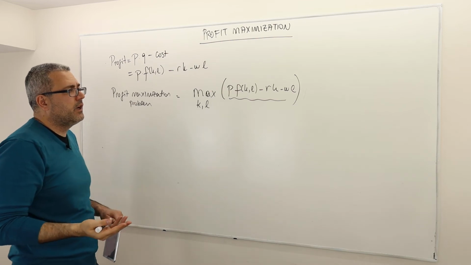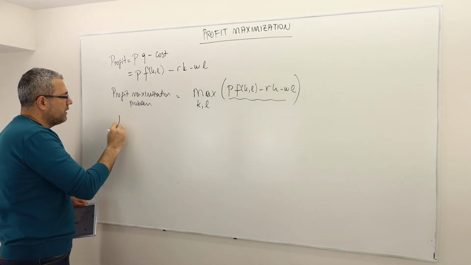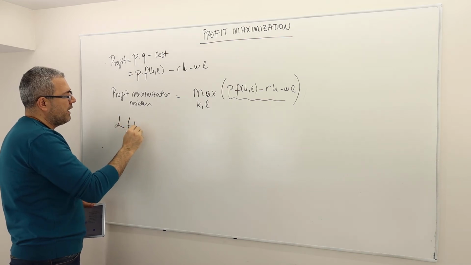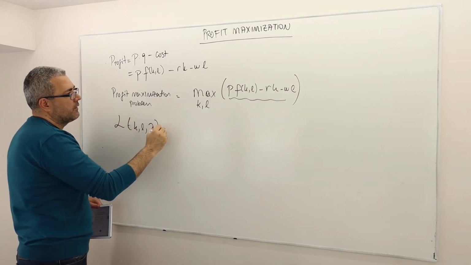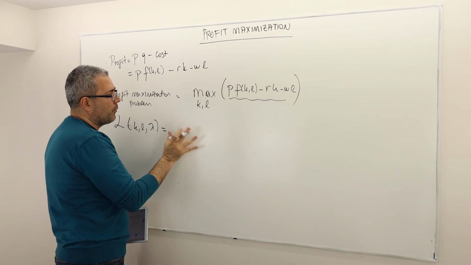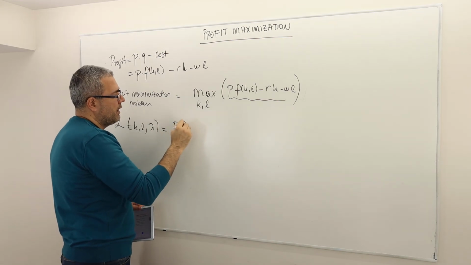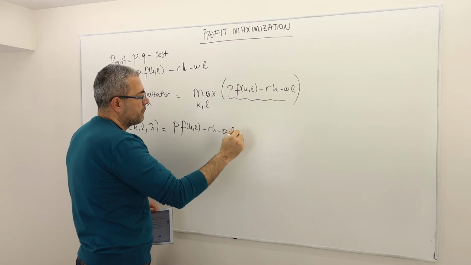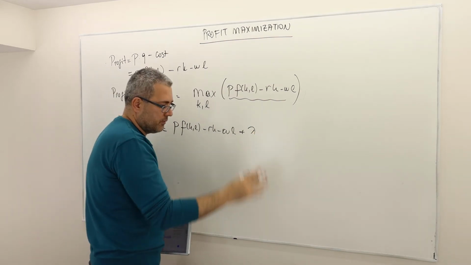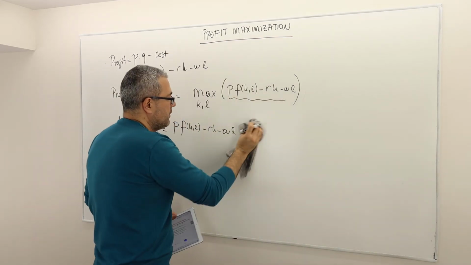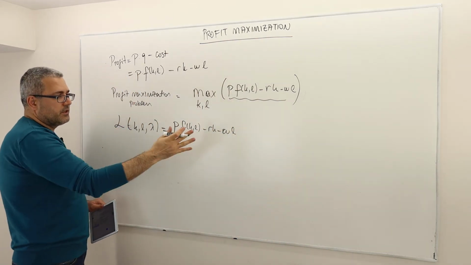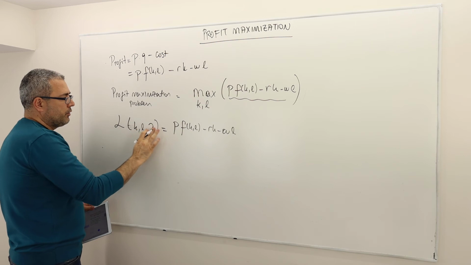Well, how can I do that? Well, simple. You write the Lagrangian, with K, L and lambda. So it's going to be the objective function, which is P f of K, L minus RK minus WL plus lambda. Oops, there's no constraint, right? So there's no lambda term.